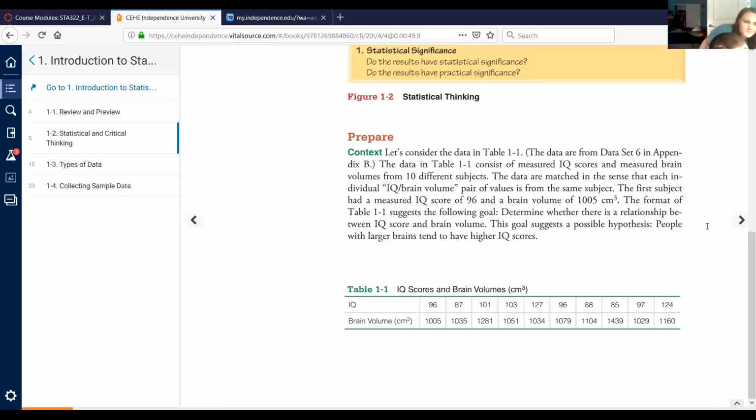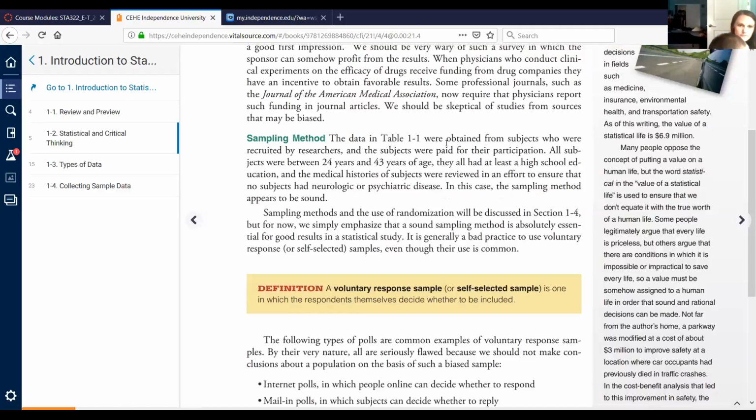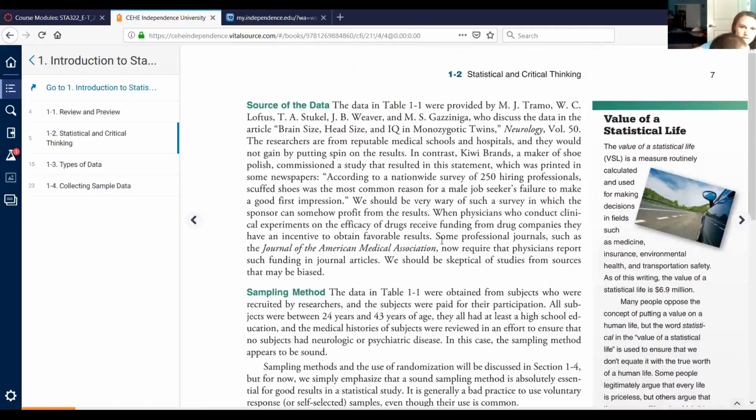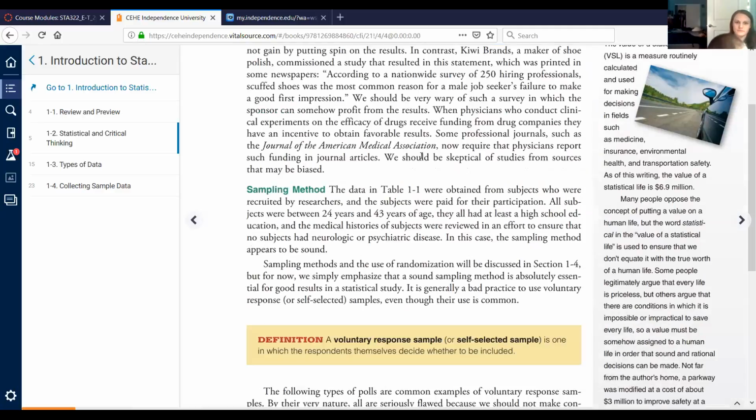So if you look at this table, the numbers are all over the place. Okay, so let's take a look. This is actually a study that was published looking at this information. The sampling method for that data: the subjects were recruited by the researchers and were paid.